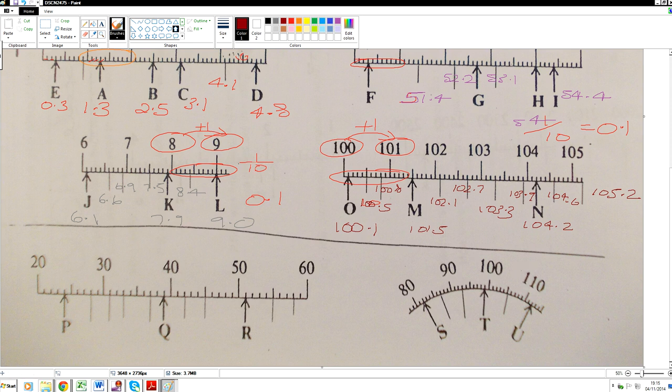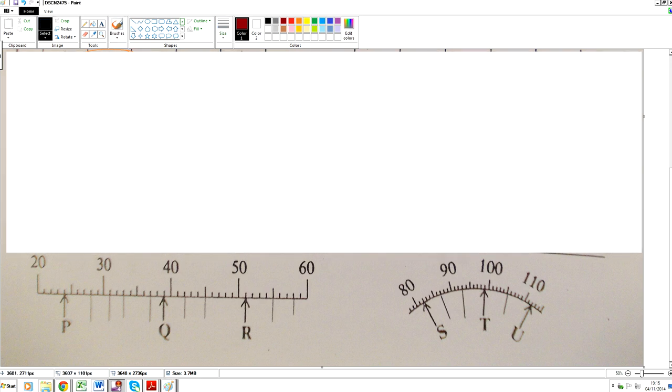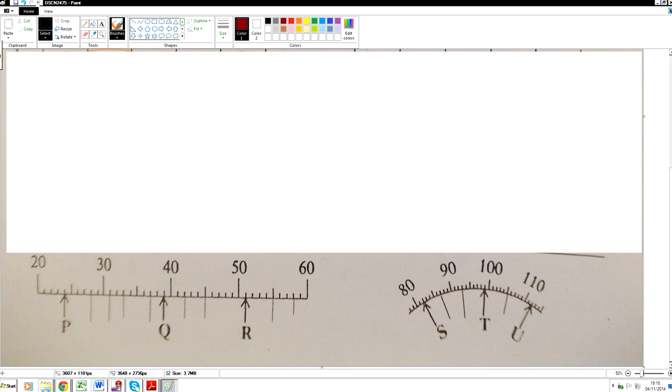Now, the next question here on the bottom. On these next types of questions, can you pay attention, please, folks? Now you've got 20 going to 30. 20 to 30 has a difference of 10.